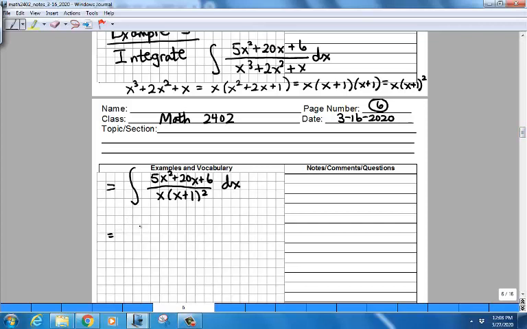We're going to try to rewrite this big fraction as the sum of some smaller fractions. So I'm going to insert some fractions here, so that when I add them together, the sum of those three fractions would be the original integrand that we started with.